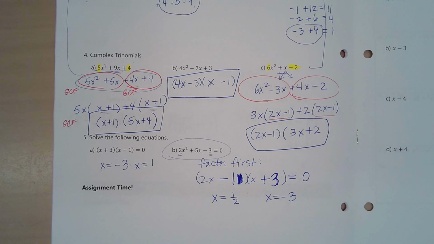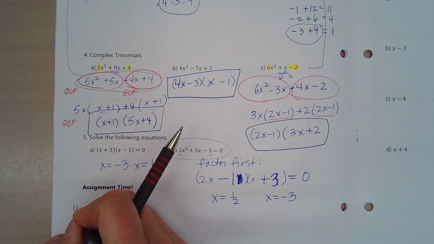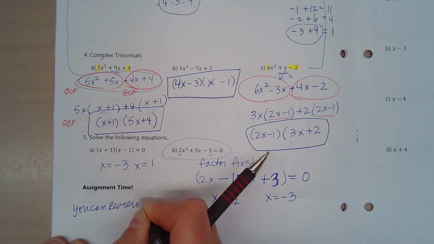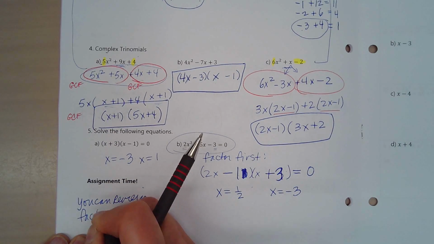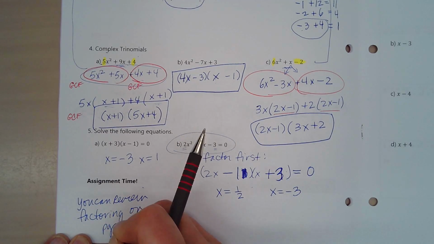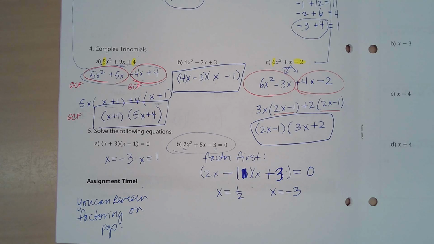Okay, so lots of talk today. This was all review, and like I say, I'll write this in the book, you can review factoring on pages, I think it starts way back, 62, 63, 64, 65, 66.